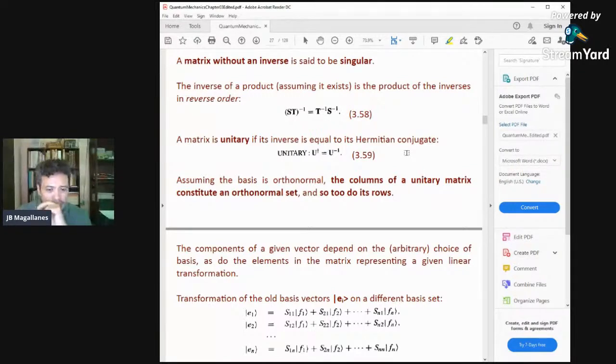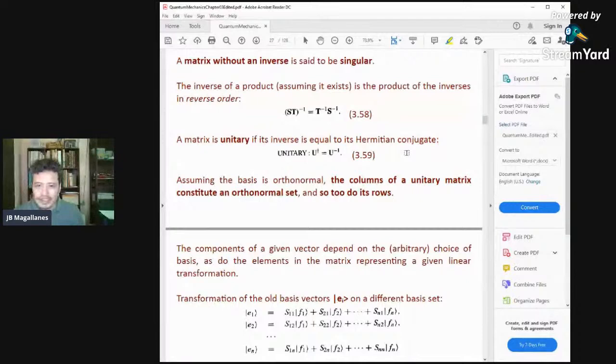So it's kind of a property of the matrix that tells you something about the transformation, by doing some manipulations of the matrix.